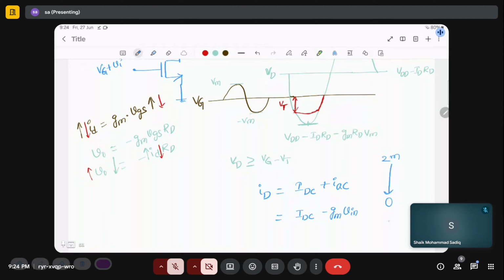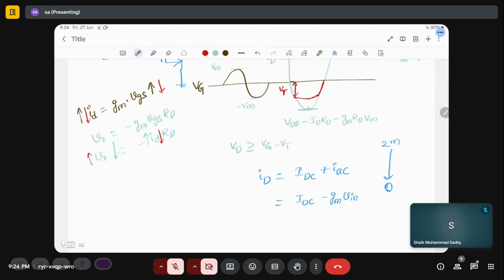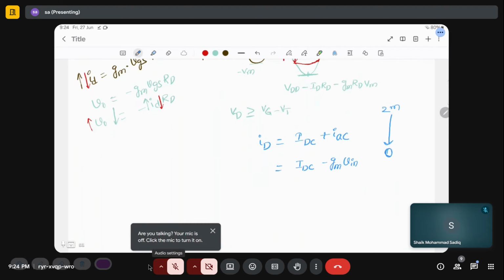If ID becomes zero, what is it called? ID becomes zero, so it is in cutoff.